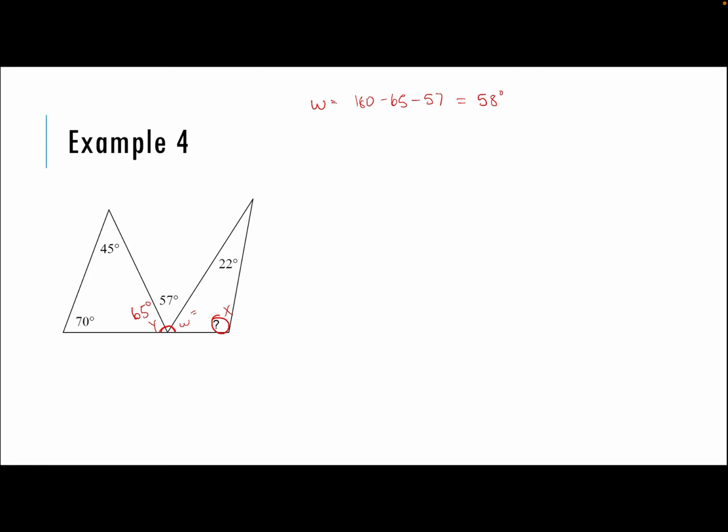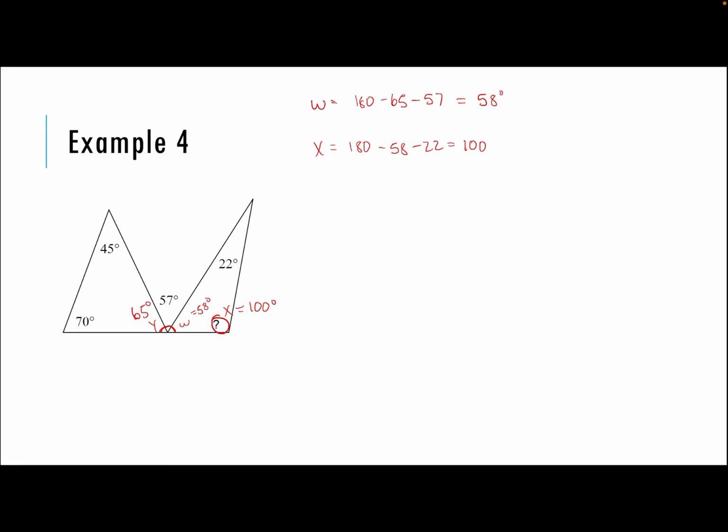So w is equal to 58 degrees. And finally, to find angle x, since we know x is inside this triangle and the other two angles are 58 and 22, we know that x is equal to 180 degrees minus 58 degrees minus 22 degrees, which is really 180 minus 80 degrees, which is 100 degrees. So x equals 100 degrees.